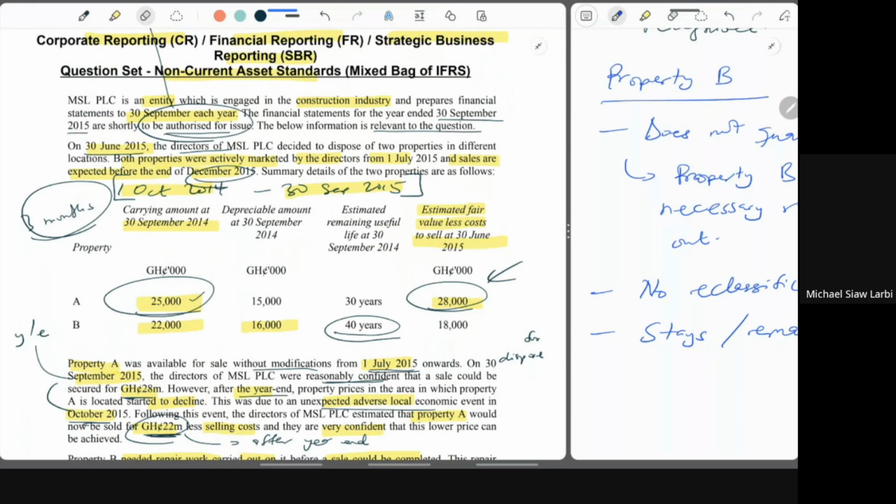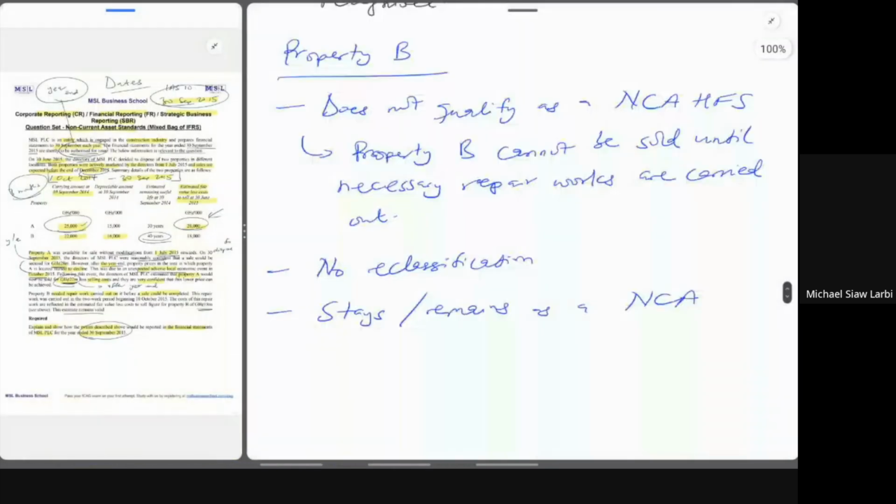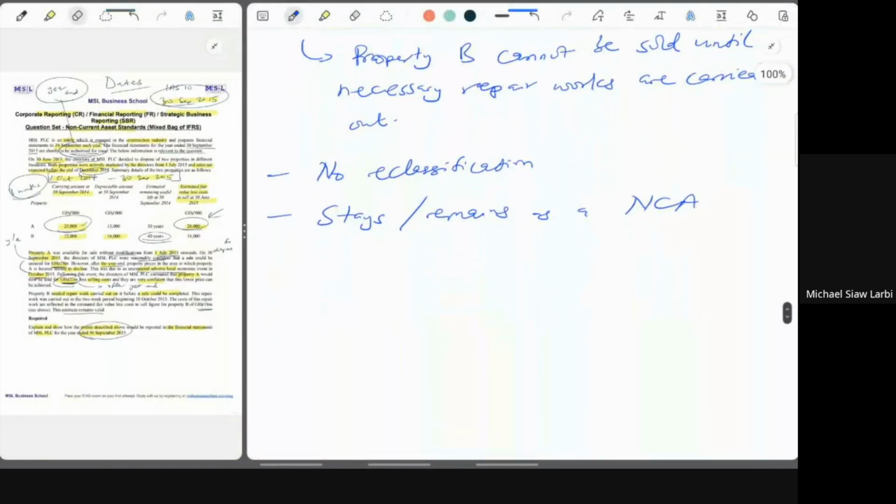So we depreciate over 40 years. It gets a full year depreciation. So our depreciation will be our depreciable amount of 16 million divided by 40 years. We don't do any apportionment, right? It gets a full year charge. So 16 million on my calculator divided by 40 gives me 400,000.